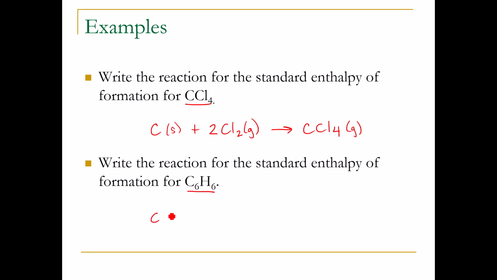I'm going to start with carbon, and I'm going to use H2, elemental form, to make C6H6, and then balancing means I need 6 of the carbons and 3 of the H2s. Alright, so remember, we're only making 1 mole. We can't have a coefficient other than 1 on the product side. We're only using elements on the reactant side in their standard state, and then we can change the coefficients on the left side to balance it.